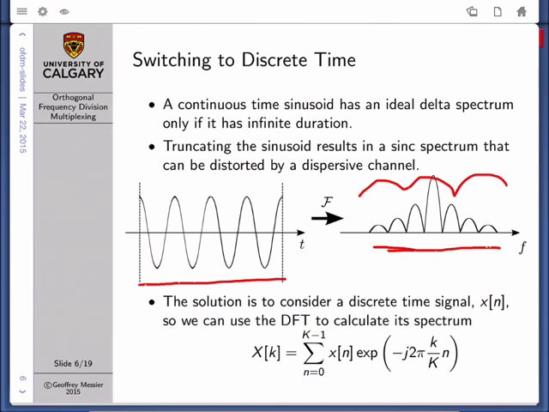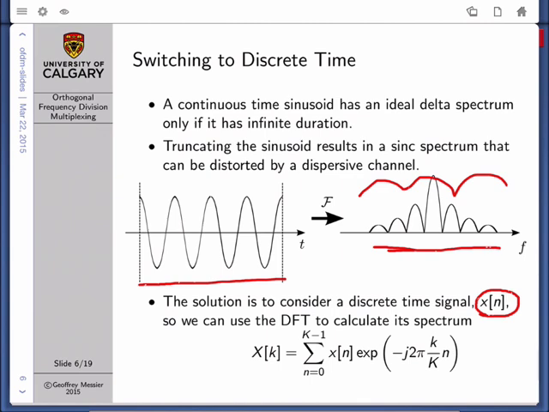And so the way that we get around this is by starting to think about our sinusoid in the discrete time domain. So rather than thinking of a continuous time sinusoid, let's consider a discrete time signal denoted x of n. The reason why this is an advantage for us is because when we want to look at our discrete time signal in the frequency domain, we use a discrete Fourier transform.